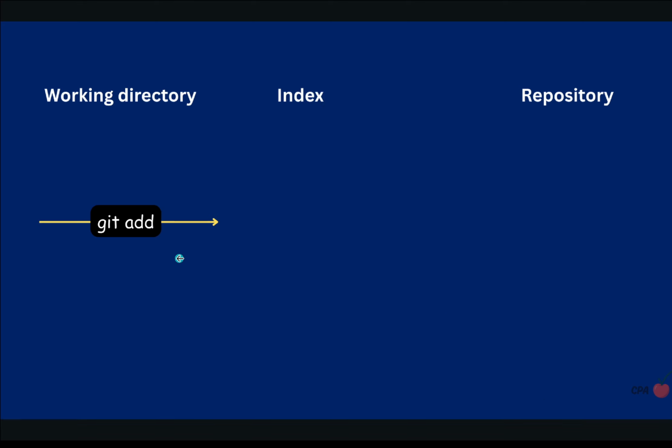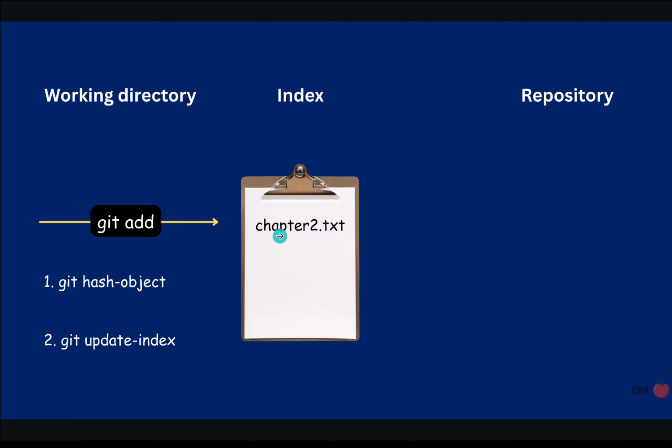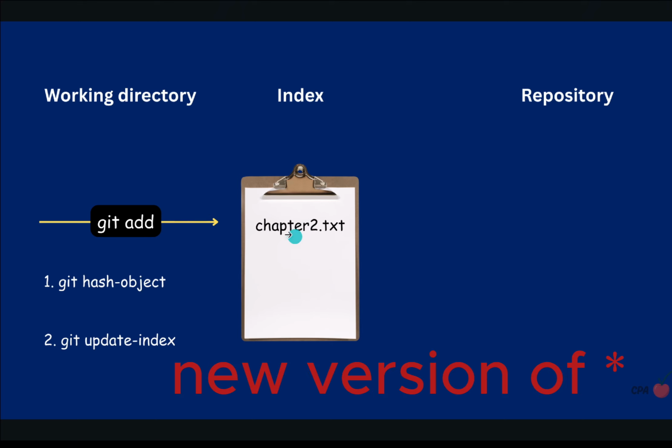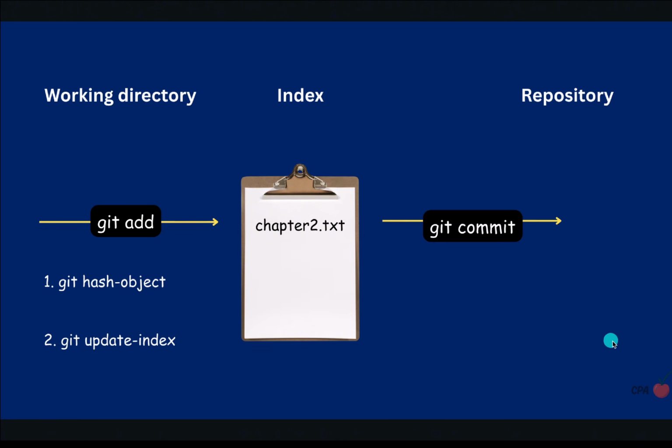Now in this video, we also see a new command, git add, which basically does 2 things. It uses our git hash-object to create the blob, or the content of the file, as well as it adds that file to the tree, to the index. So by git add chapter 2, we will add the chapter 2 file to the index. And we also see a new command, git commit.